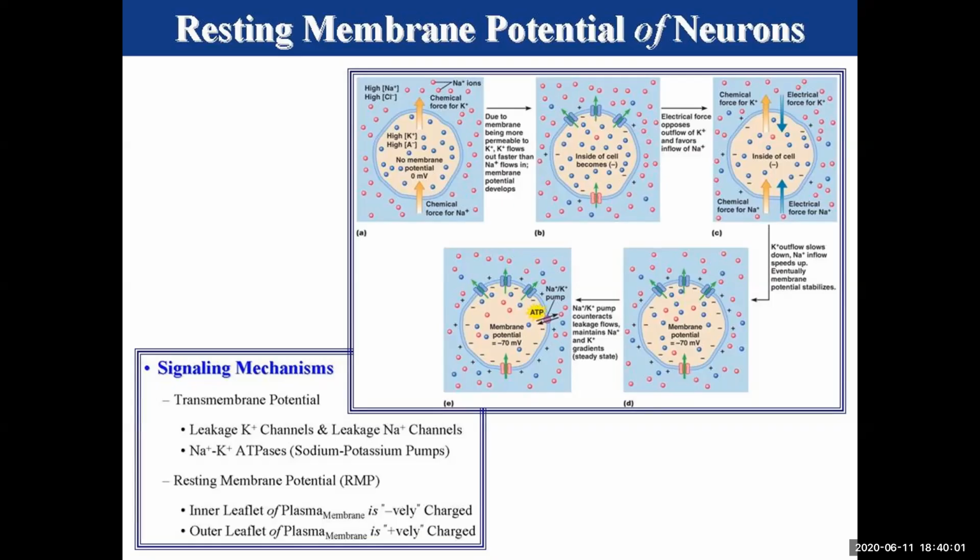So you have an outer leaflet and an inner leaflet, or the outer phospholipid layer and the inner phospholipid layer. And the charge would be sitting next to them, covering the entire surface of the inner leaflet and the outer surface of the outer leaflet.